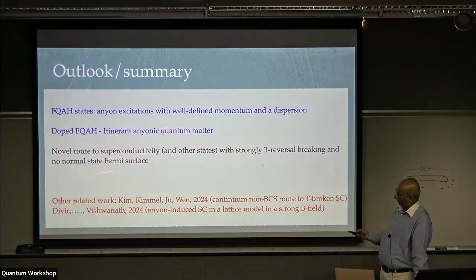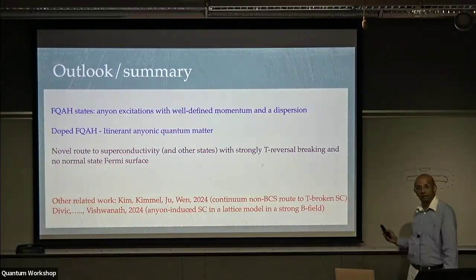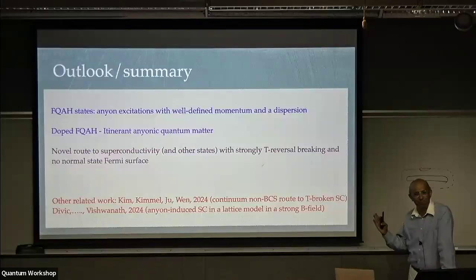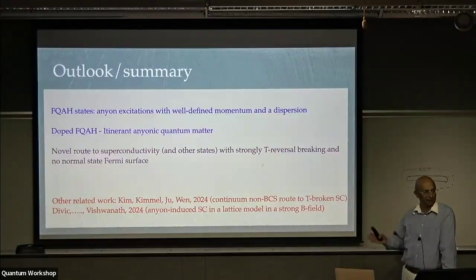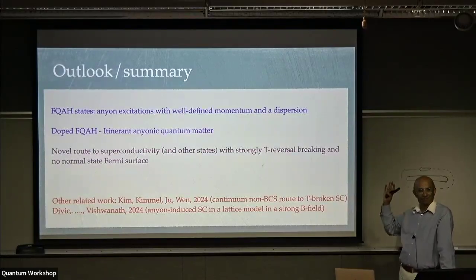And there are several other related theoretical works, one from Senthil and his gang of MIT students and experimentalists, I guess, mainly focusing on a continuum non-BCS route to time reversal broken superconductivity. I should say that nothing that I've said has any direct bearing on long-range tidal superconductivity. There is no moire, and for me, the periodic potential is very important.